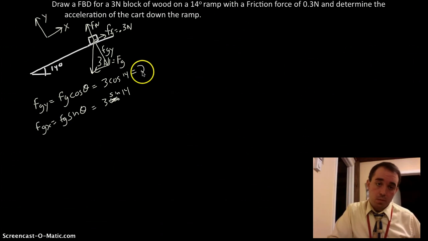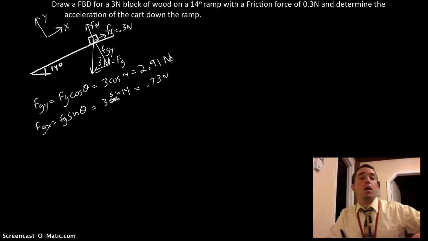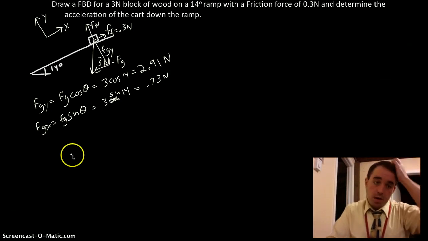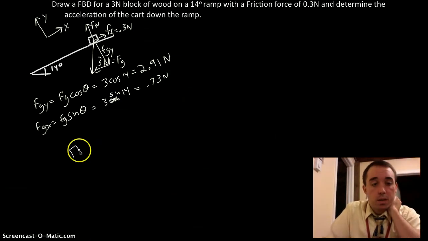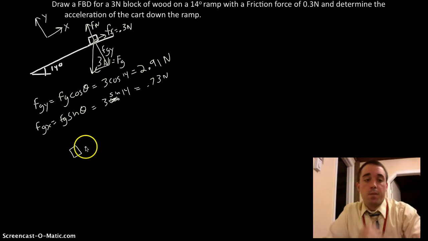I'm sorry, 2.91. Apologies. Reading the wrong one. 2.91, and the 3 sine 14, that's 0.73 newtons. Alright, so we broke our Fg apart, and now we can create our free body diagram.